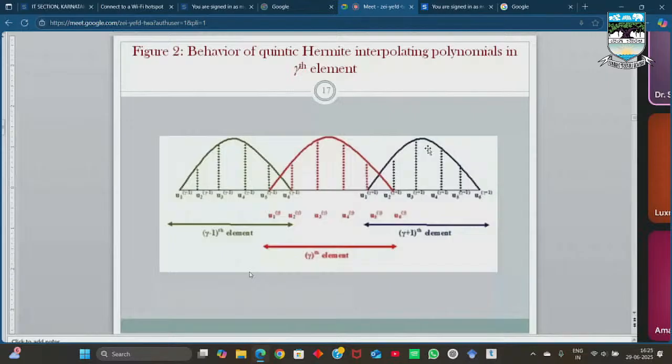So we don't need to add another condition, which reduces the number of equations and hence the computational time and the matrix structure. Unlike in Lagrangian interpolating polynomials, if we apply them on the finite elements, we have to impose another condition that the function and its first derivative are continuous at the node points. This increases two more equations within each subdomain.